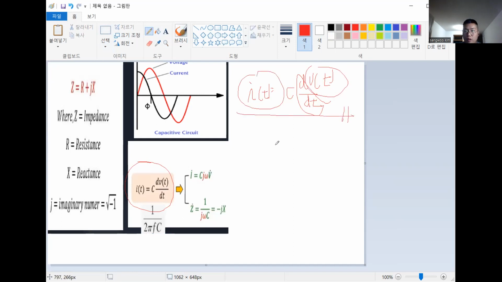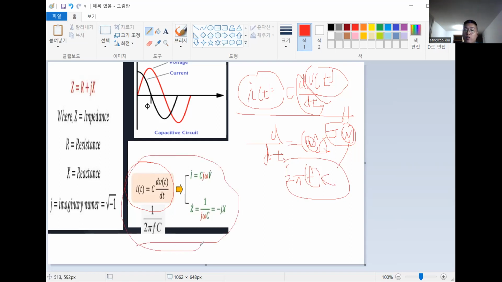As I mentioned, d/dt becomes jω, and ω is angular velocity, so it can be changed to 2πf, where f is frequency, right? That's how we get this formulation.